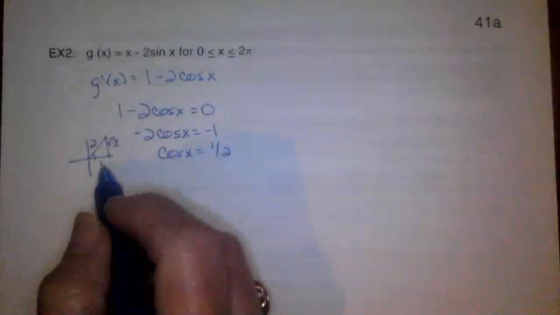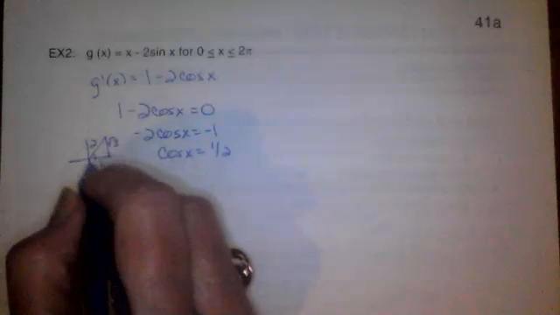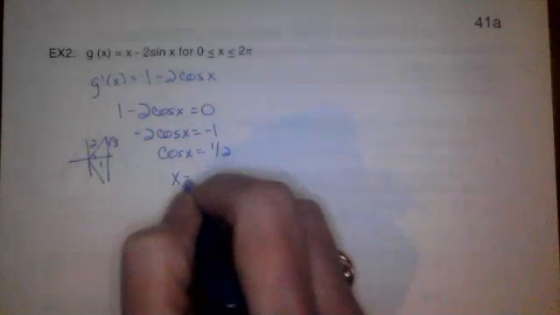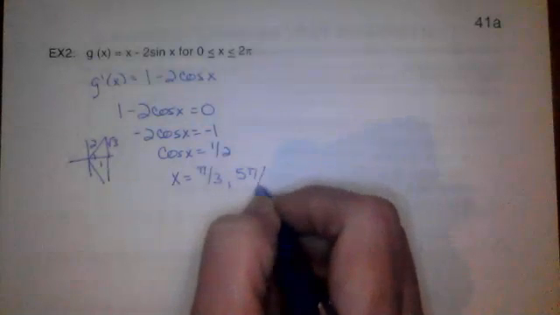In quadrant 1, on the 60-degree angle, we would have the cosine here and also in quadrant 4 with the 60-degree angle would both be solutions. So at pi thirds and at 5 pi thirds.